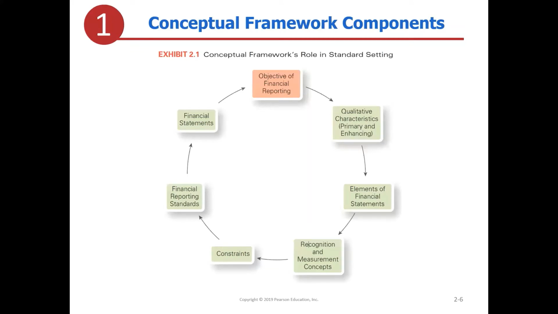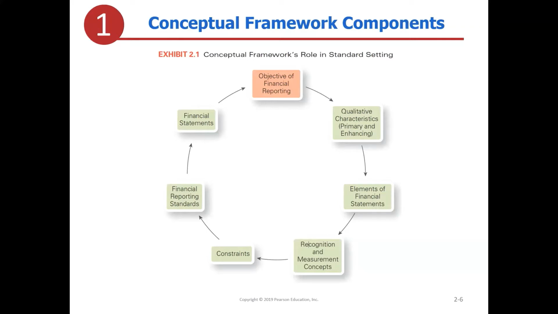Here you see in Exhibit 2.1, it illustrates the relationship among the conceptual framework components. Specifically, the exhibit shows how the objective of financial reporting flows through the qualitative characteristics, the elements, the measurement and recognition, and constraints leading to financial standards for preparing financial statements.